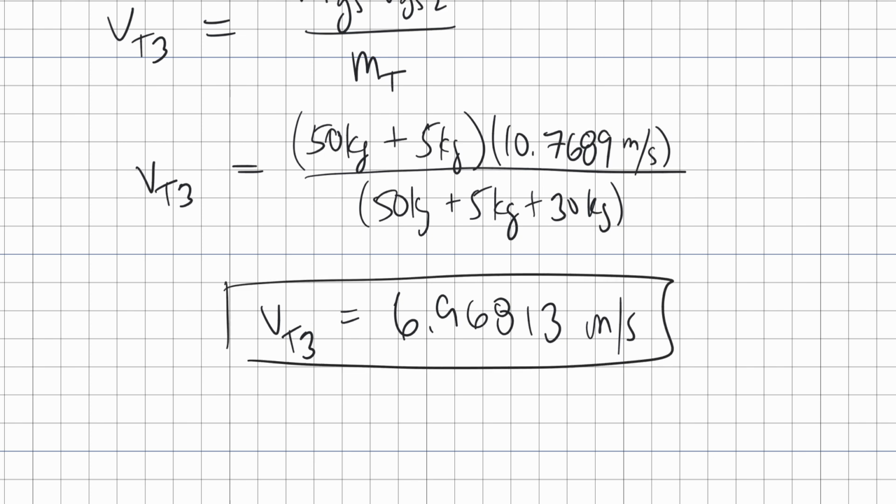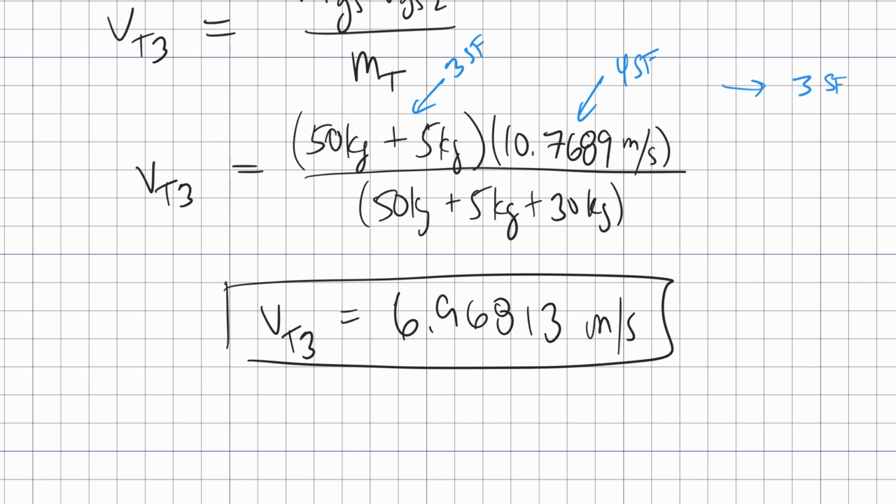Sig figs are getting really obnoxious. I'm keeping 6 at the moment. Let's see if that is the correct number to keep. This number has 4 sig figs. Remember that's 5.00 and 50.0, so it's 55.0, which has 3 sig figs. So on the top, when I multiply those two, I've got 3 sig figs.